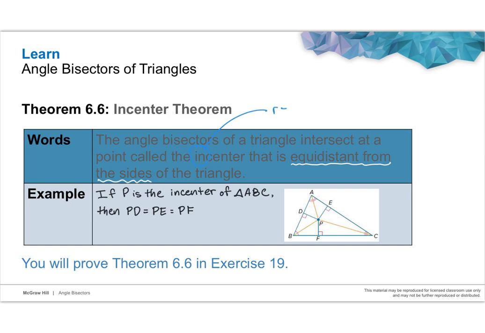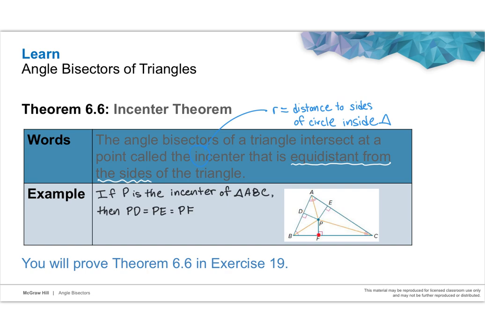So we have the radius is going to be the distance to the sides of a circle inside of a triangle.